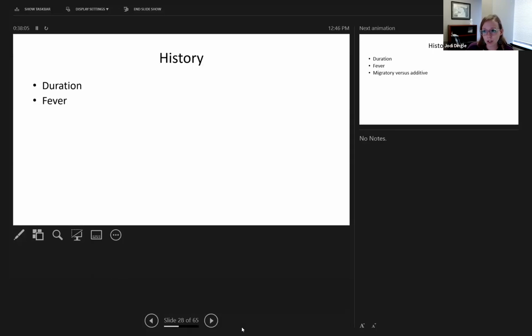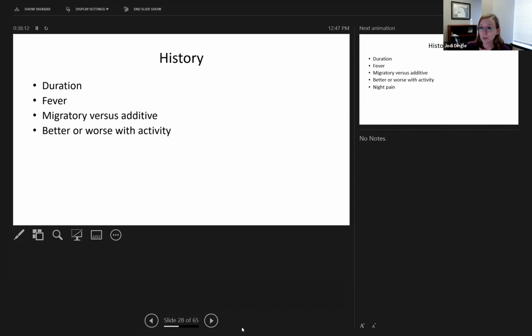Fever, of course, is important to ask about. Migratory versus additive, like we talked about before. Whether it gets better or worse with activity. So thinking about the inflammatory causes of arthritis, you get that joint stiffness that usually gets better once you get up and get moving. Things like hypermobility tend to get worse with activity and be worse at the end of the day.